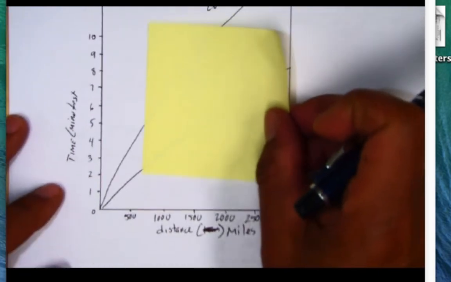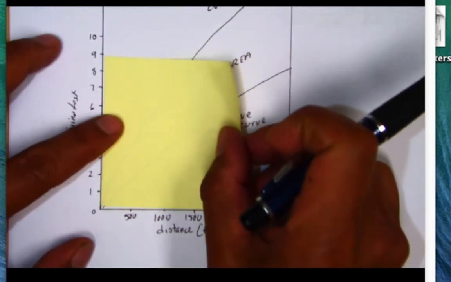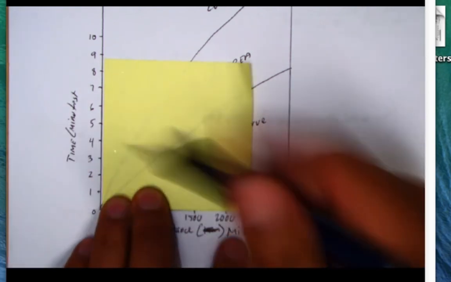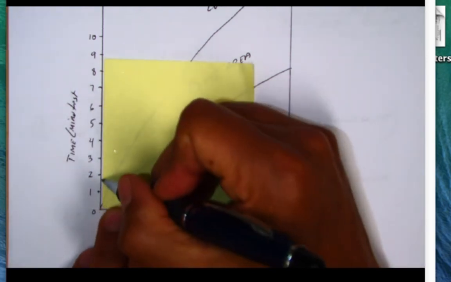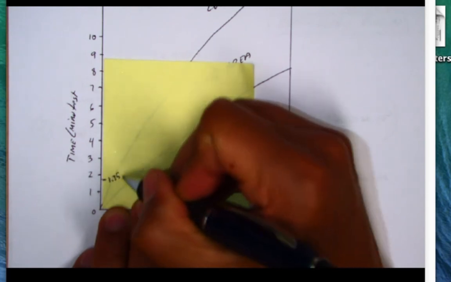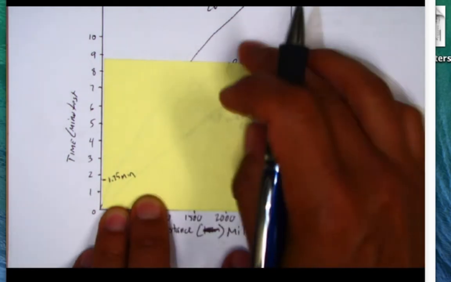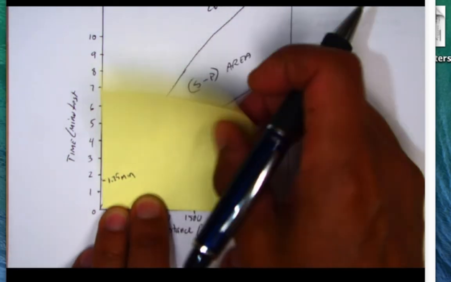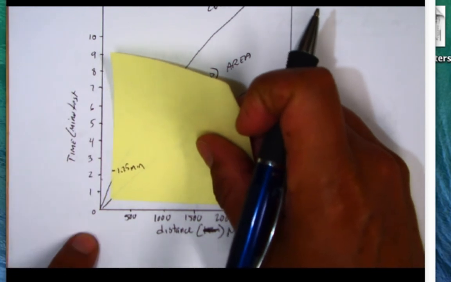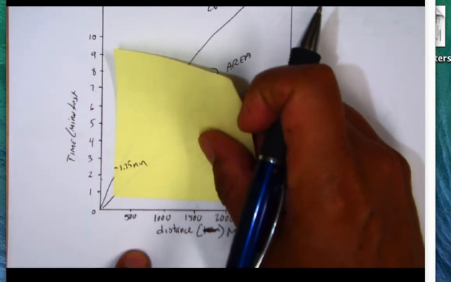So the way to work on this is we're going to set this at the ordinate here, and then we're going to calibrate this to 1.25 minutes. So that would be 1.25 minutes right there. And then once I've calibrated that, I'm going to move this, keeping this edge parallel to the y-axis and keeping this corner on the P curve.